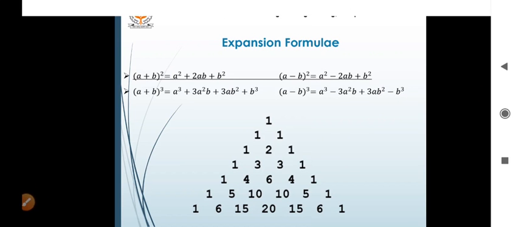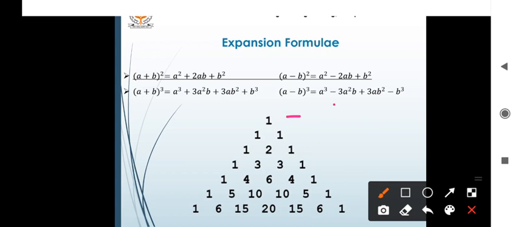So this is for degree 0, this is for degree 1. You may observe here, if it is (a plus b) raised to 1, then the expansion is simply a plus b. The coefficients are 1 and 1. This is for degree 2. Here 1, 2, 1.